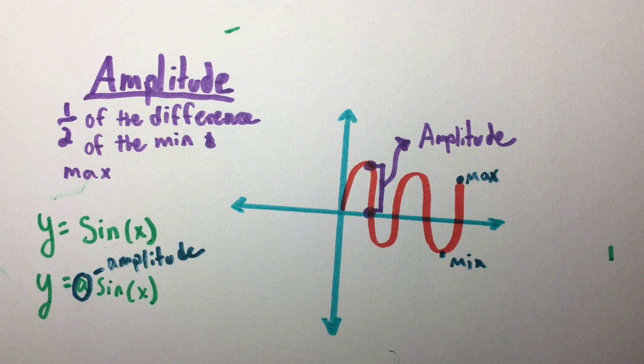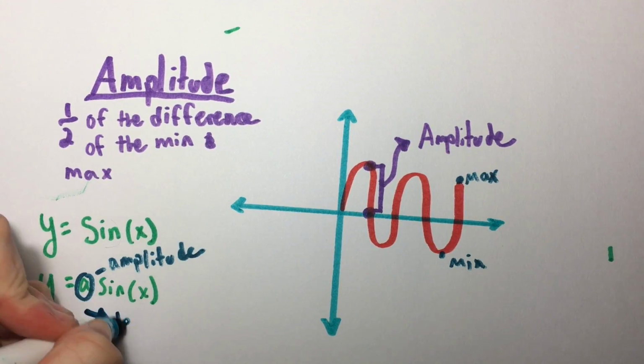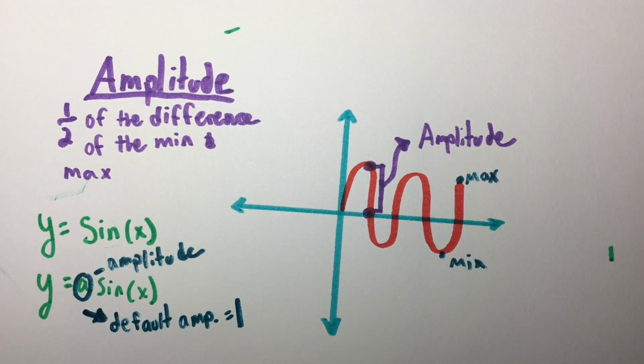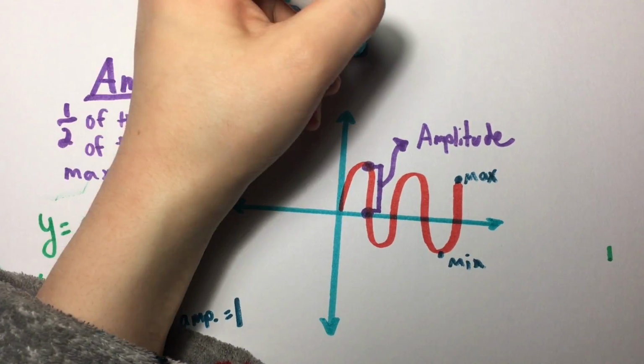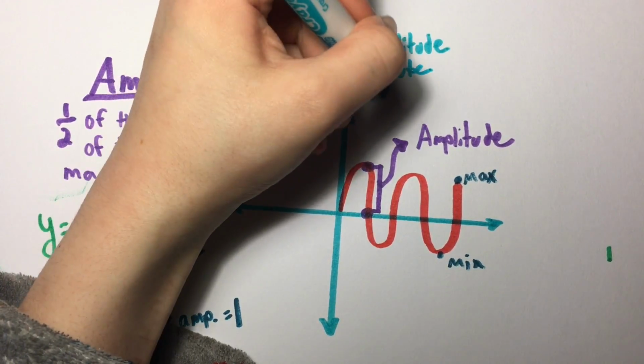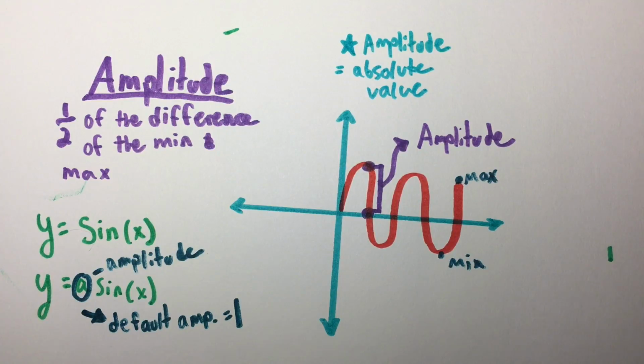Additionally, the default value of the amplitude, if there is no a written into the equation, is simply 1. It's also important to note that the amplitude is measuring a distance and therefore cannot be negative, so you should always take the absolute value of whatever you get for your amplitude, either mathematically or through your graph.